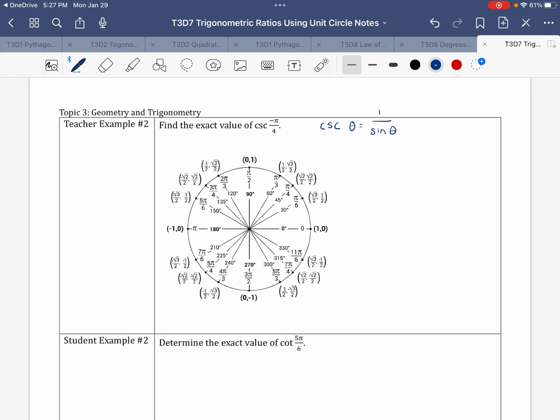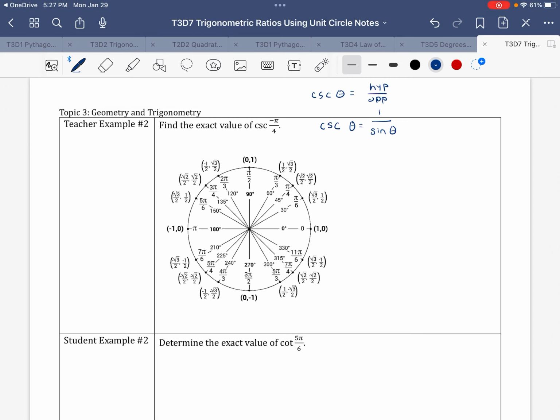Okay, cosecant is also equal to hypotenuse over opposite. So we can think about it either way to get our final answer. We also need to be able to identify our negative pi fourths, right?